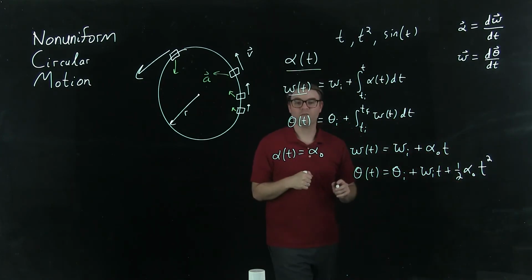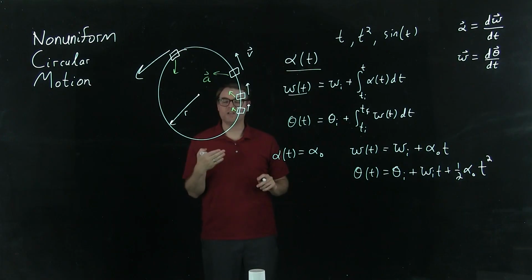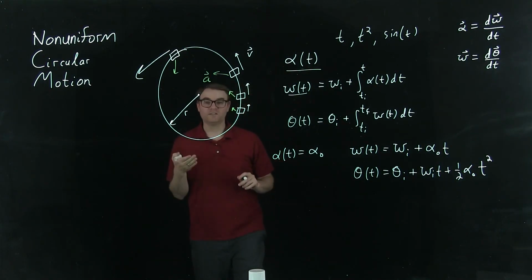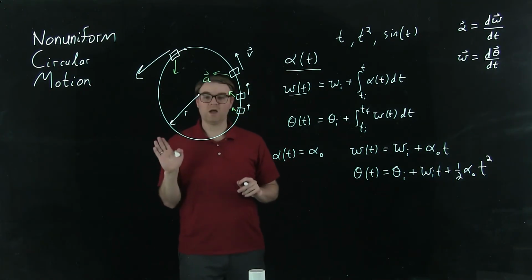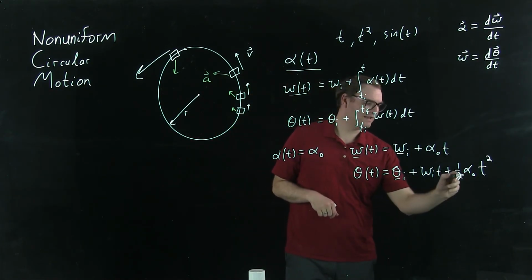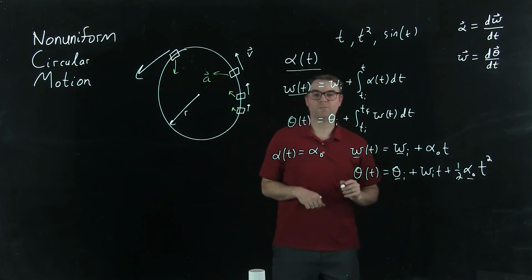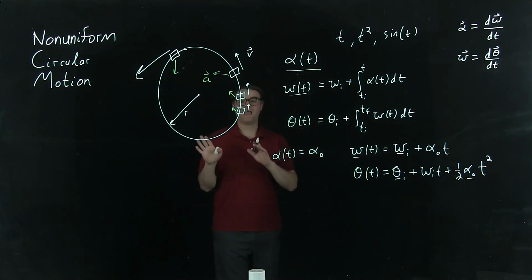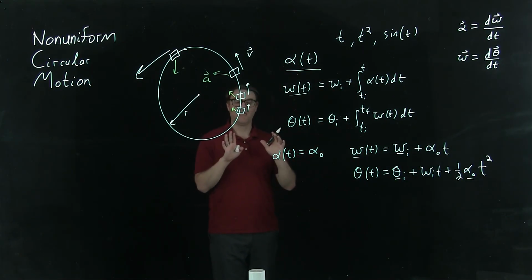Again, these look very familiar as the equations for constant acceleration motion that you saw for translational motion, except now we've got omegas, thetas, and alphas in all the places that before we had a's, v's, and r's.